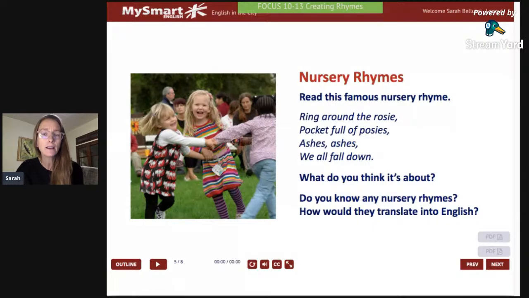Have you any idea what the origin is of this particular nursery rhyme? Does anyone? Don't Google it, that's cheating. Then you'll spoil the surprise of the resource. Any ideas of what it might be about, where it comes from? Small clue, it is incredibly appropriate.